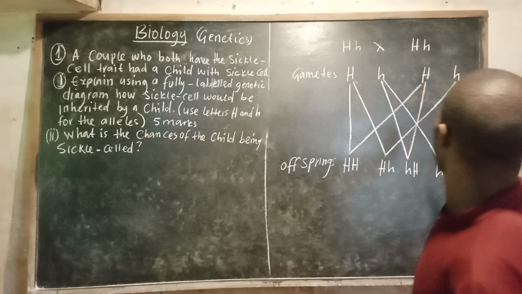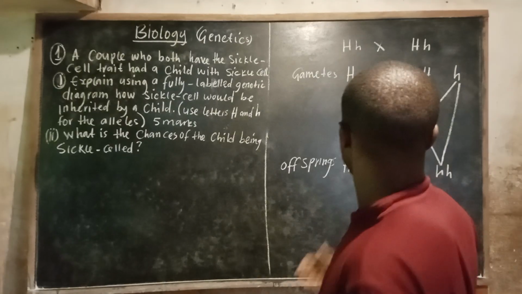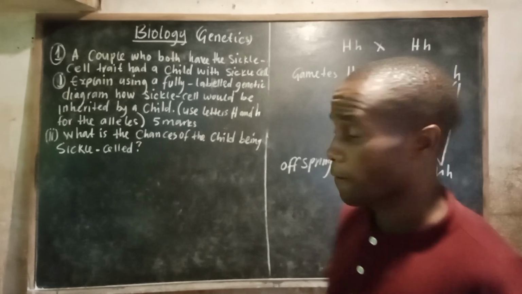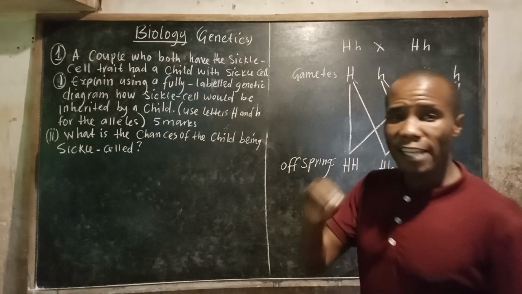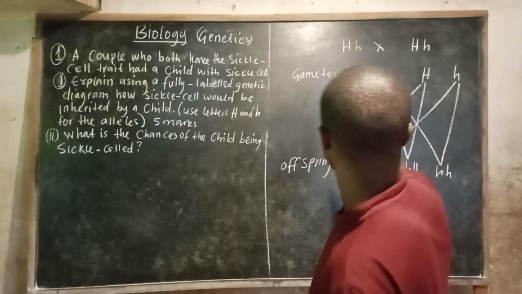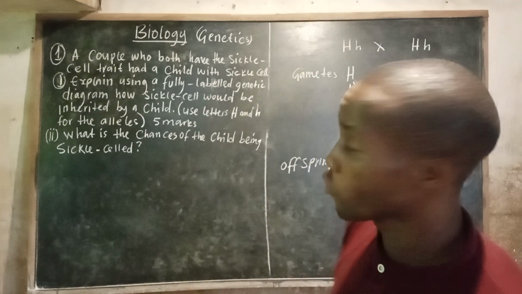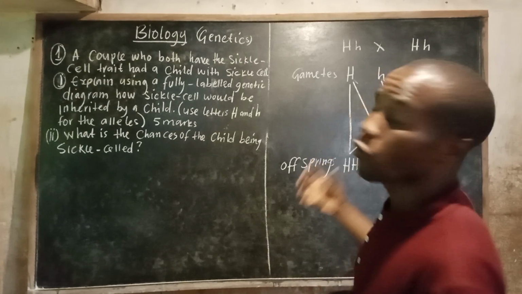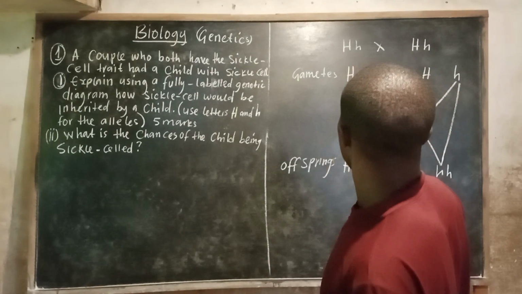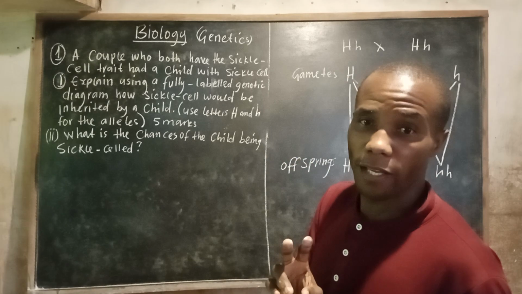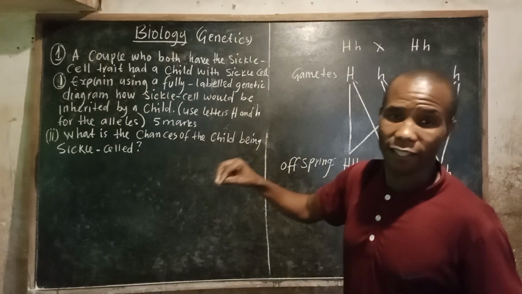The big H is the dominant gene, and this dominant gene is the one which was actually appearing in those two parents, because it is dominating.